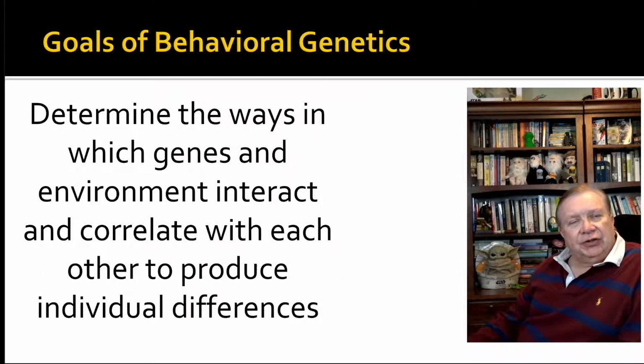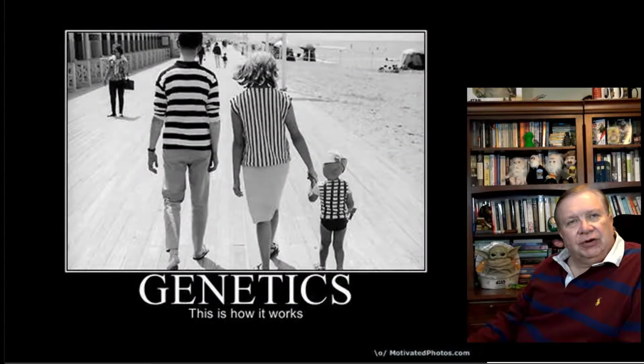Behavior geneticists are interested in looking at the ways in which genes and the environment interact to produce behaviors and other individual differences. Now, we get our genes from our parents, and I love this slide because you see dad's got one set of stripes, mom's got another, and the kid's got a checkerboard.